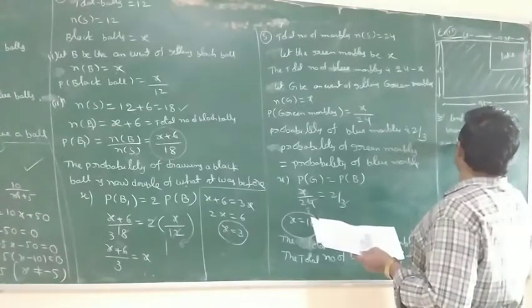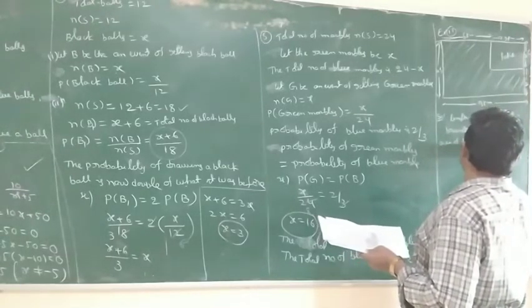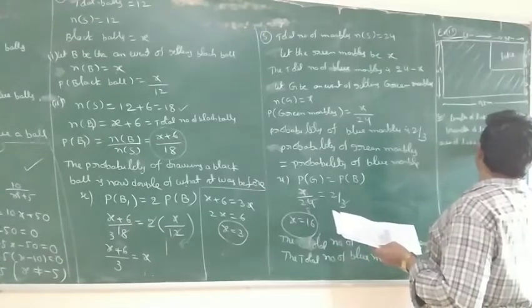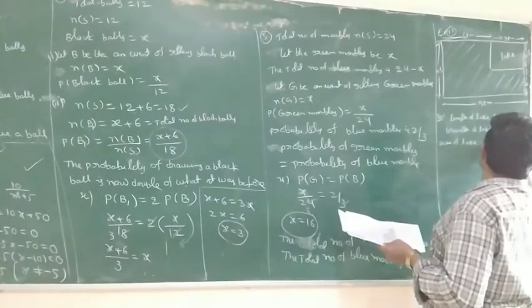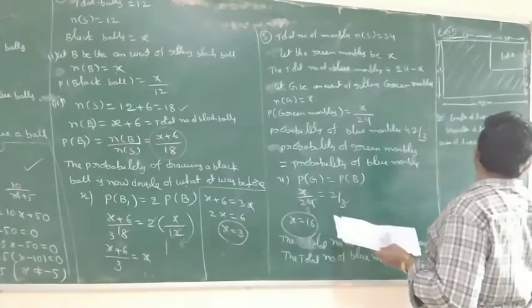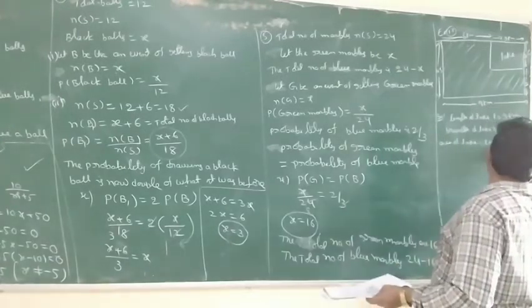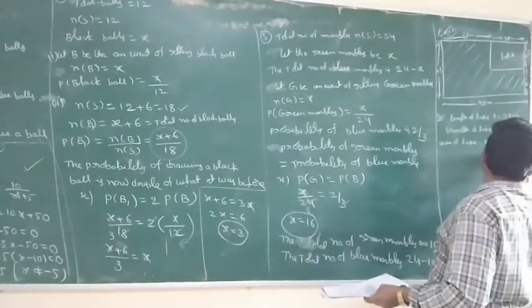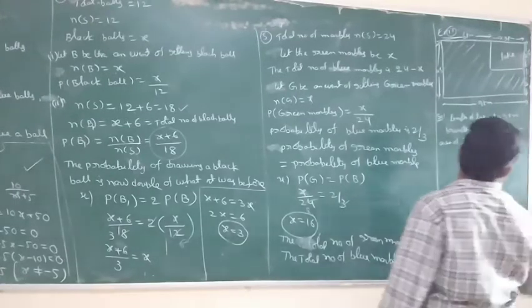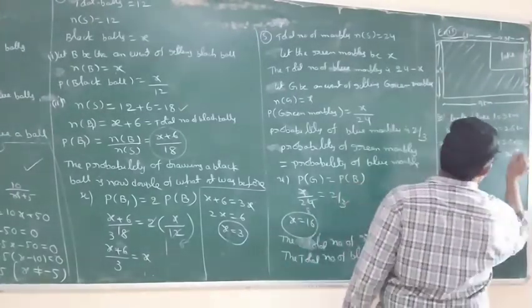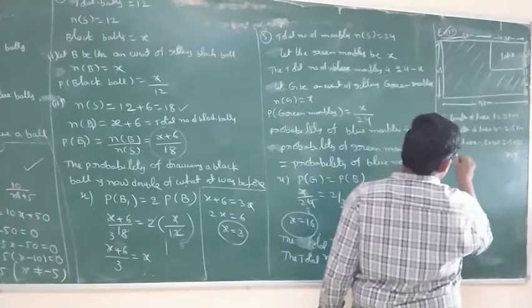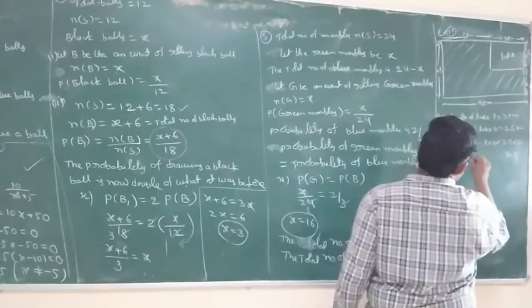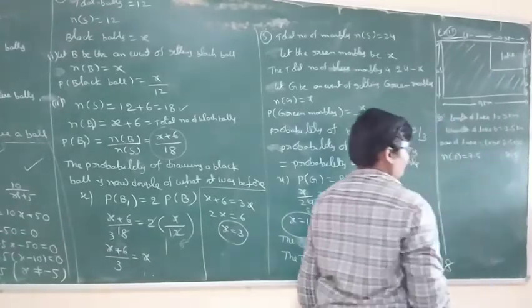Area of lake is equal to L into B, 2.5 into 3 is equal to 7.5. Okay, 7.5. This is N of E. N of E is equal to 7.5.